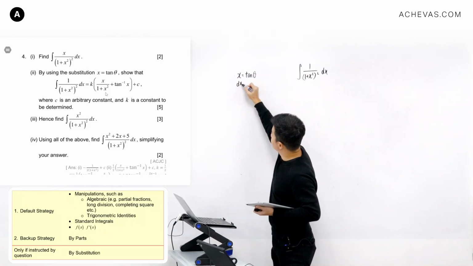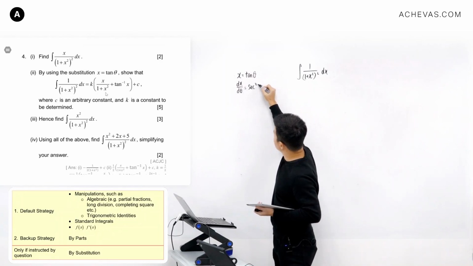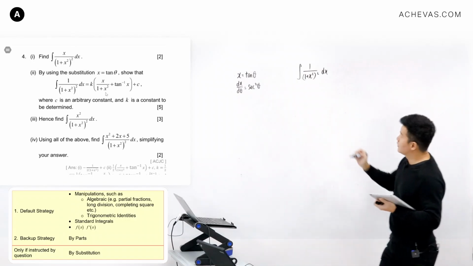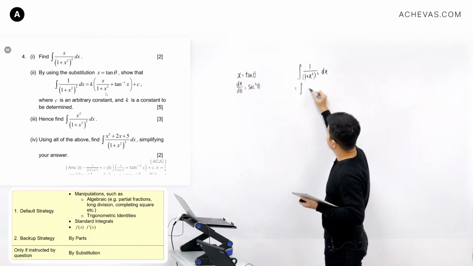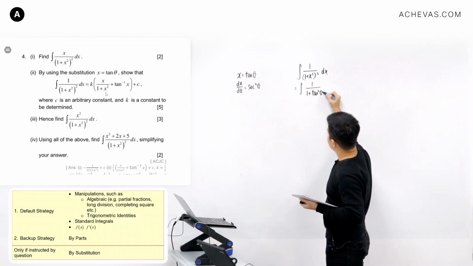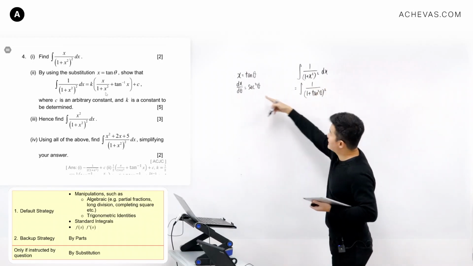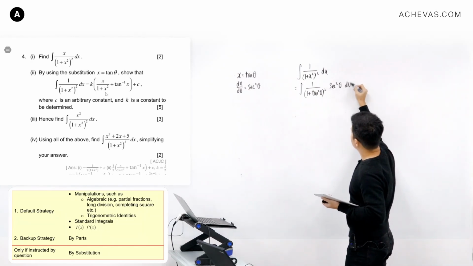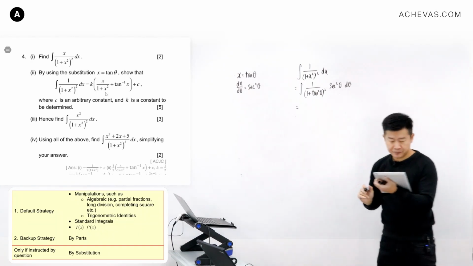So we are going to be replacing all the x. I'm going to find first dx d theta. Dx d theta is secant square theta. This is an indefinite integral, so I'm ready to do all the substitution. We have a 1 over 1 plus x square, tangent square. Dx is going to be replaced by secant square theta d theta.